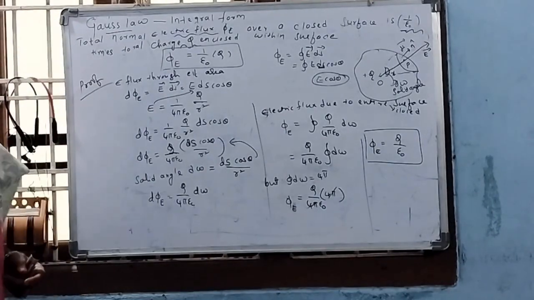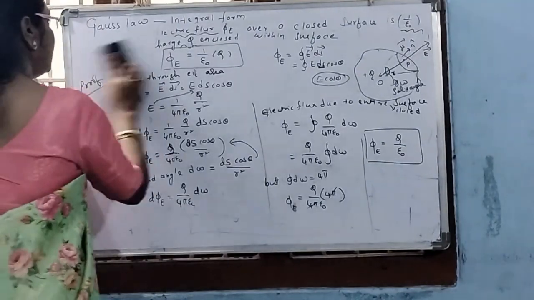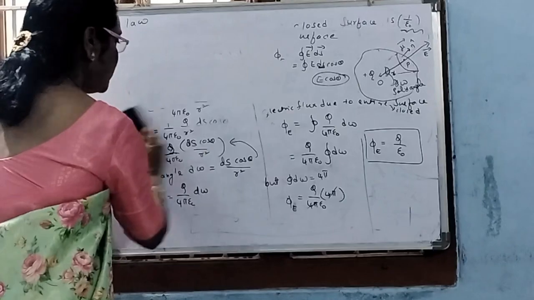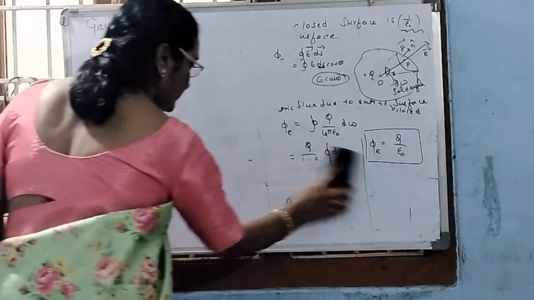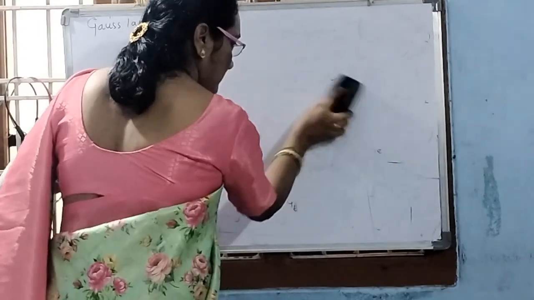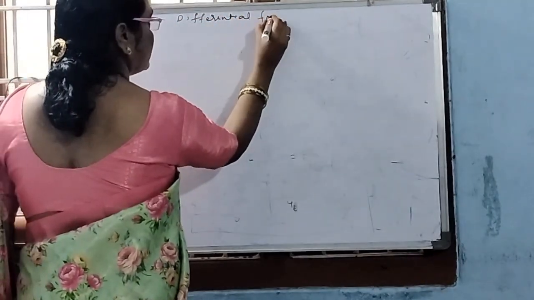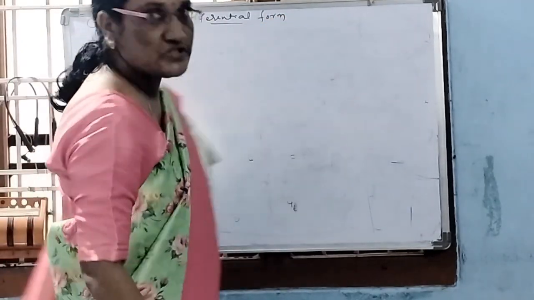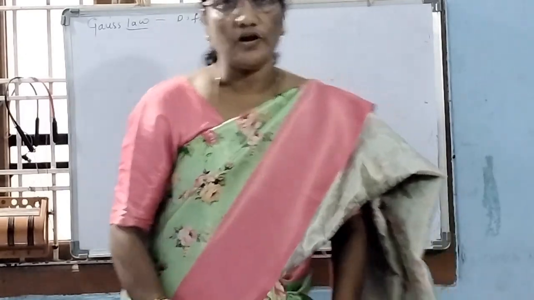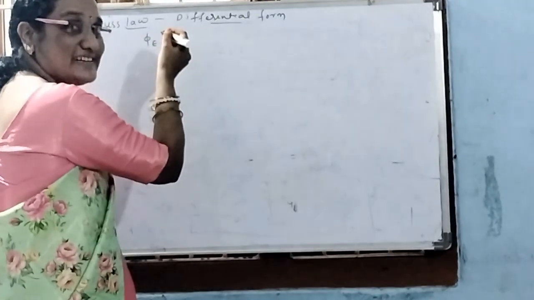Now next, let us move to the differential form of Gauss law. Just now we wrote phi e, the integral form.